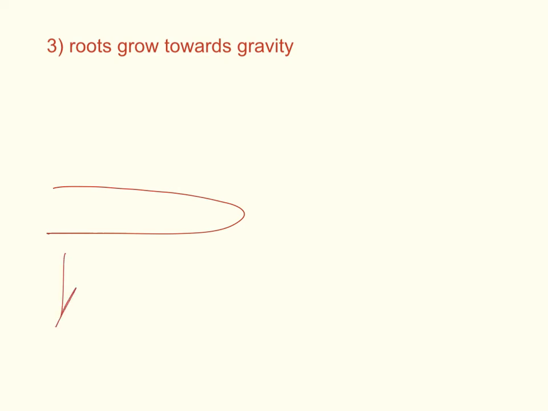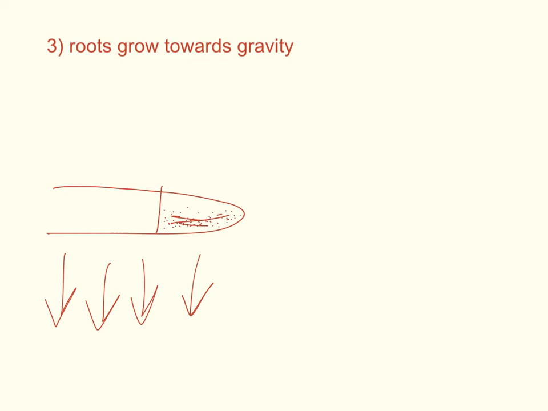So the force of gravity will be acting downwards. As always, we have our shoot and our tip. So the auxin is going to accumulate on the lower side of the shoot in this area here.